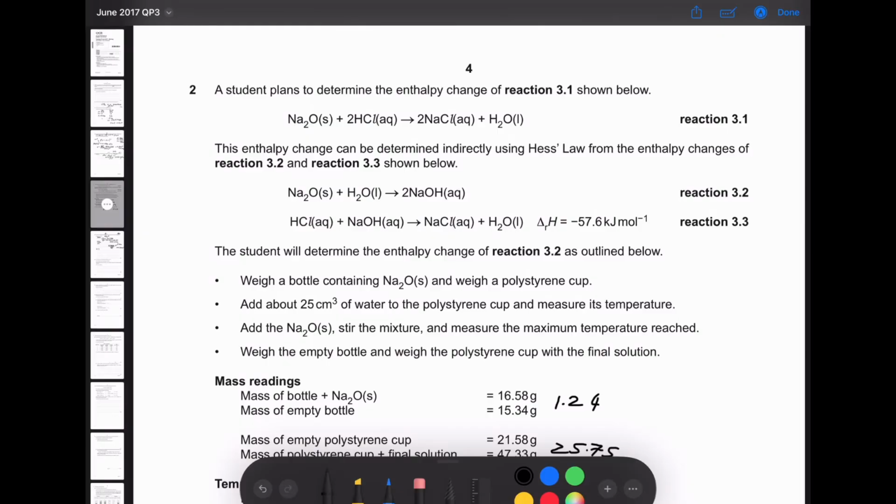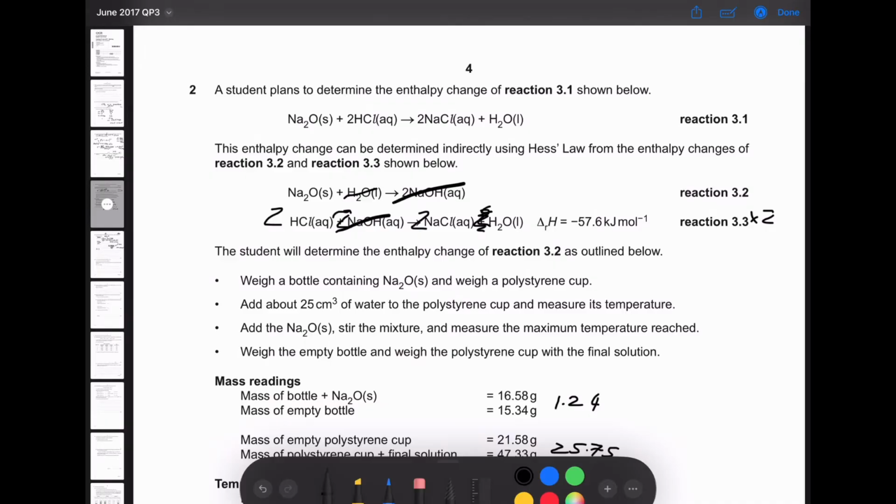So what we're going to do is we're going to times reaction 3.3 by 2. What does that do? Well, it's going to put a 2 there, a 2 there, a 2 there, and a 2 there. So what does that do overall? Well, our 2 sodium hydroxides cancel out, and one of our waters cancel out.